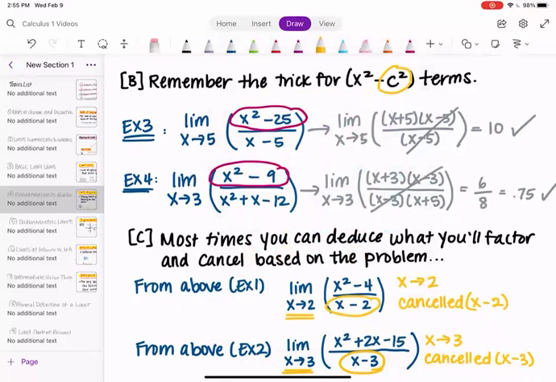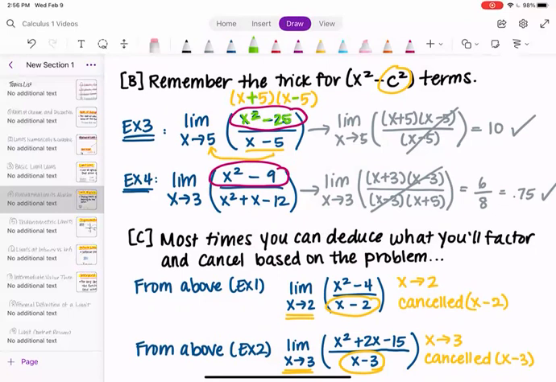So again, remember, first red flag should be that we have an x minus something, and that something matches the evaluated thing we're looking at. But also we can break this numerator down into x plus 5, x minus 5. And that's the thing that you should always remember, is if you have an x squared minus some number that's squared, you can always break it up into x plus and minus the square root of c, right?